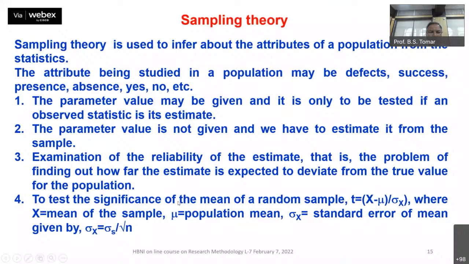To test the significance of the mean of a random sample, we use the t-test. t is equal to X minus mu upon sigma X, where X is the sample mean, mu is the population mean, and sigma X is the standard error of mean, given by sigma by root n. If the population standard deviation is not given, we take the sample standard deviation divided by root n as the standard error of mean.